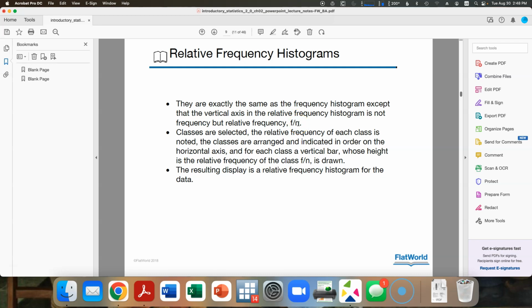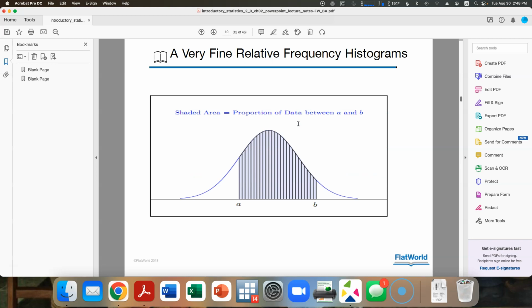So let's just jump to how that looks. So that would kind of look like this case here, where we get a pretty good idea of how the data is distributed between A and B, where it all has to add up to 100% from one tail to the other.